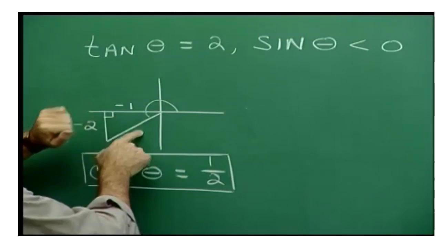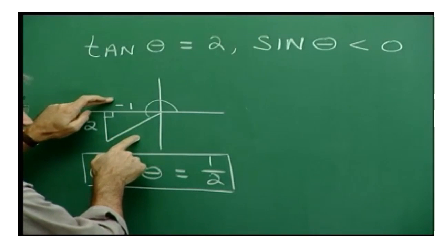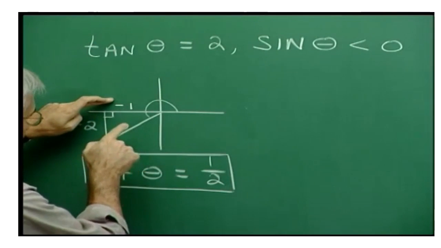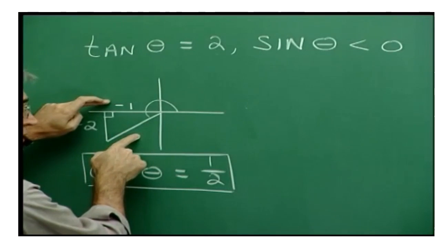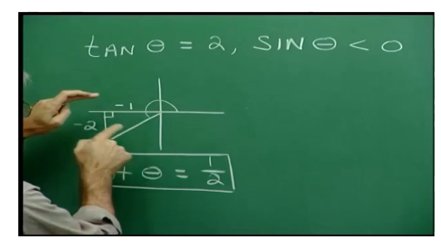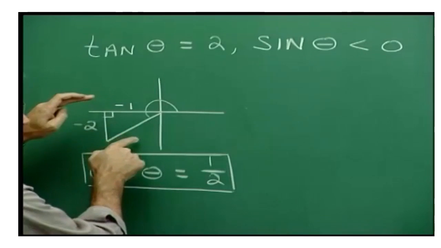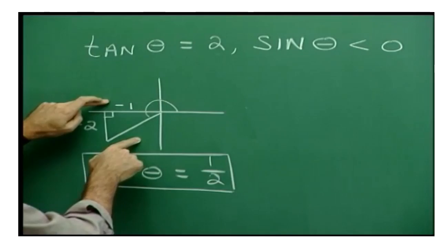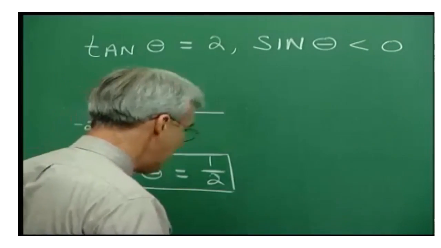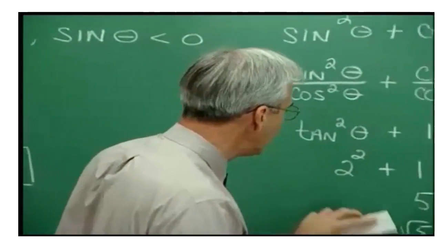Secant is its reciprocal, so it's hypotenuse over adjacent. So we're going to have this side over that one, and that's negative. And this is always positive, so the ratio is going to be negative. So secant then is negative square root of 5.